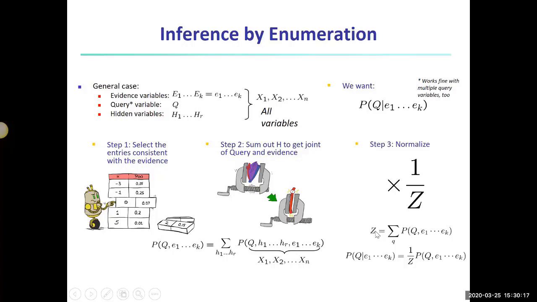This Z is, for every Q, we sum up all the probability and then normalize, divided by the total to get the probability distribution. So therefore here we really want to just compute this joint probability.